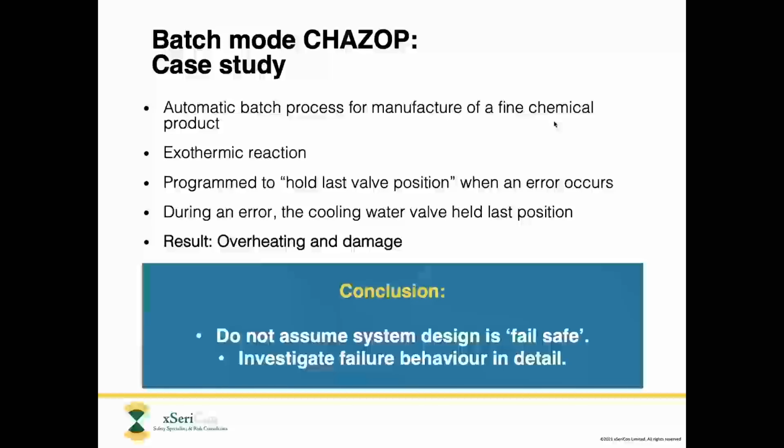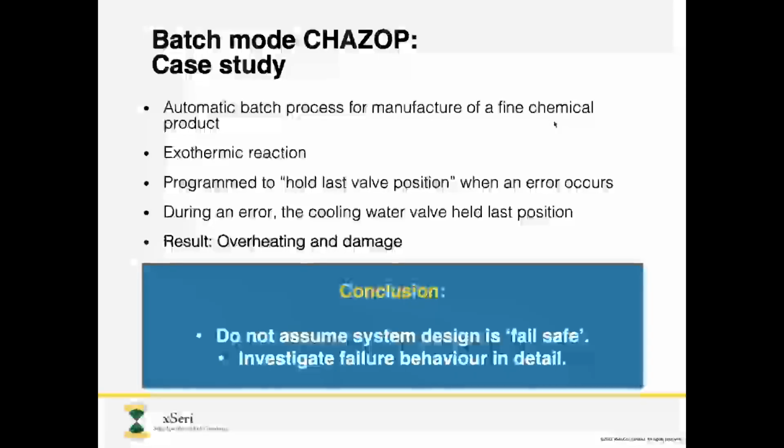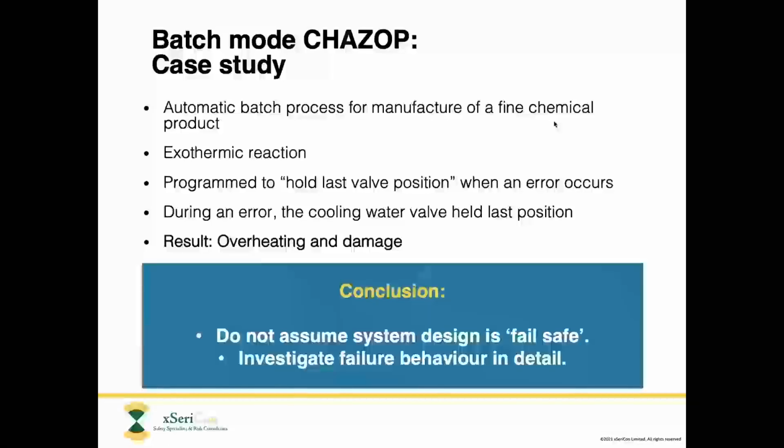Now, what happened one day was a fault occurred in one of the field instruments, and it was detected, but unfortunately it occurred just at the beginning of the exothermic step. So just when the cooling water control valve was starting to open, and it was only slightly open at the time. So the system did what it was programmed to do, which is to hold last position.